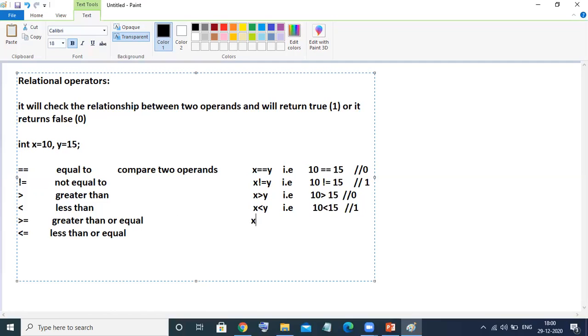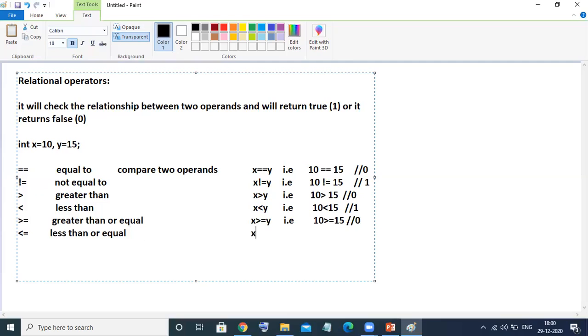Is x greater than or equal to y? That is, is 10 greater than or equal to 15? If any one condition is satisfied, it returns true. But in that case, 10 is neither greater than 15 nor equal to 15, so it will return false. And false means the value is 0.